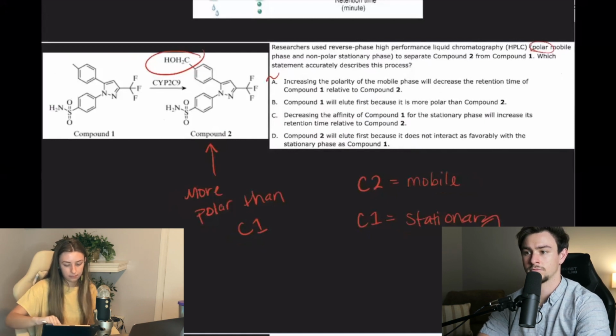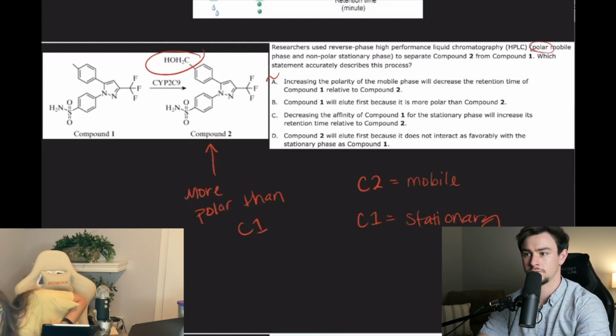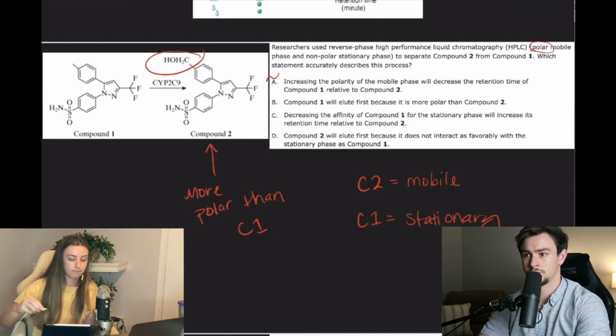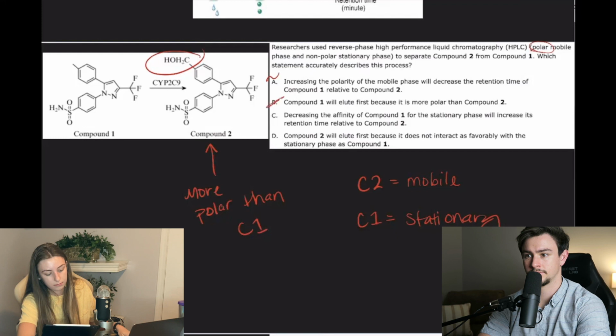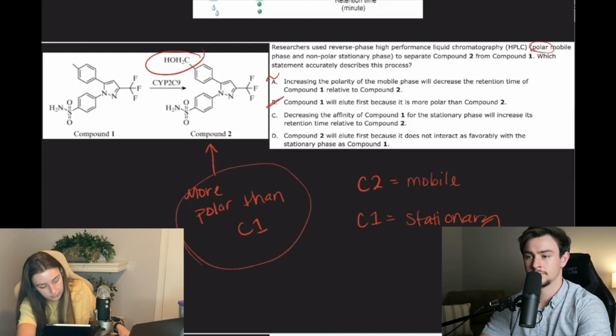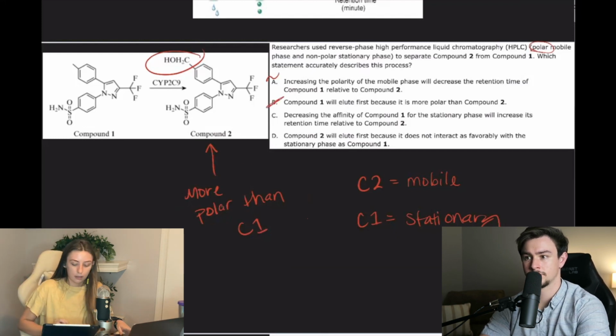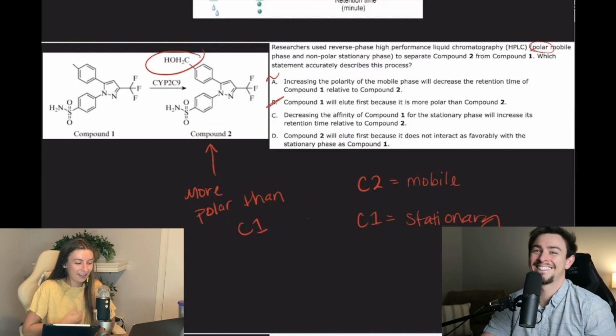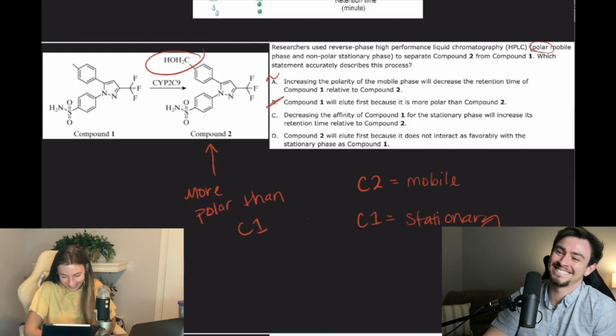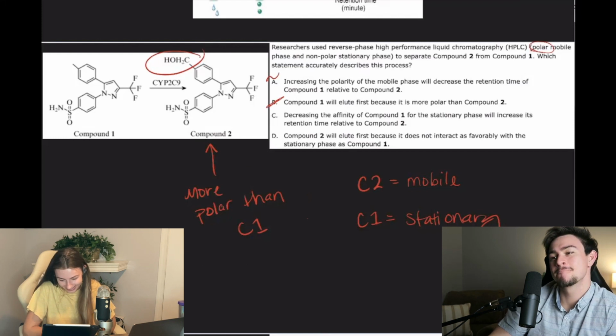B says compound 1 will elute first because it is more polar than compound 2. No, it's not. Right? C, decreasing the affinity of compound 1 for the stationary phase will increase its retention time relative to compound 2.